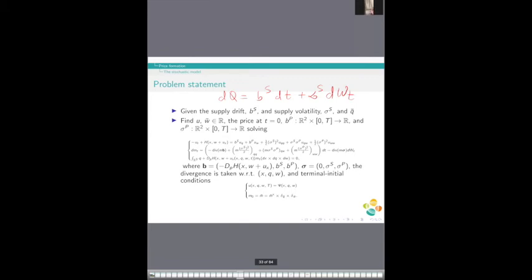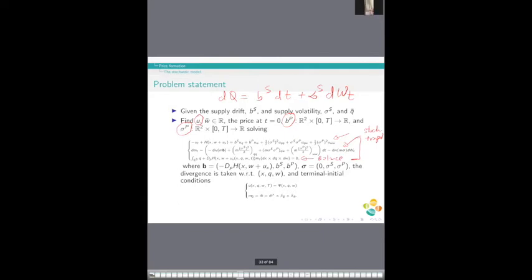You want to find U, you want to find a price and a volatility coefficient such that you have a solution of this system here. And this system is comprised of a Hamilton-Jacobi equation, a stochastic transport equation, and a balance condition.